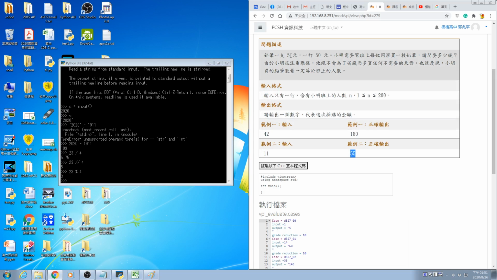So I changed it a bit because Xiaoming is very ecologically aware. So he is not going to buy anything that's unnecessary just to save money.